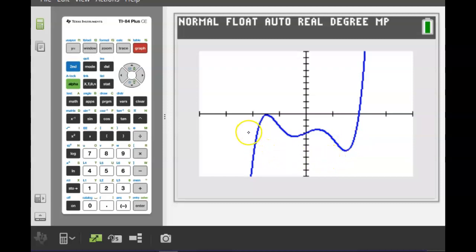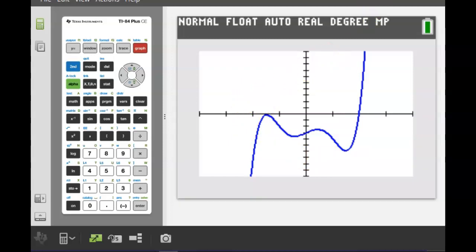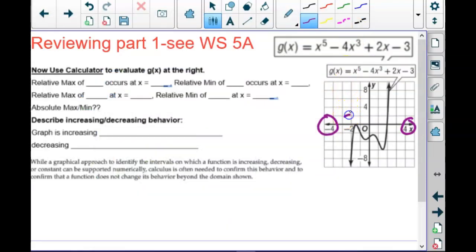Raina, yep. Okay. What does it say? Negative 0.09. So yeah, it's just below.